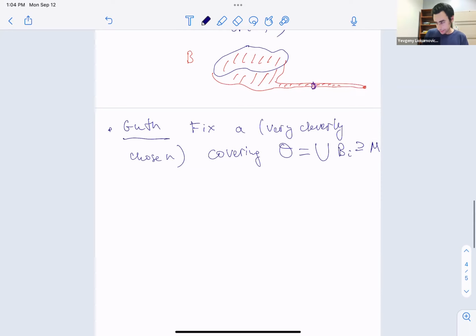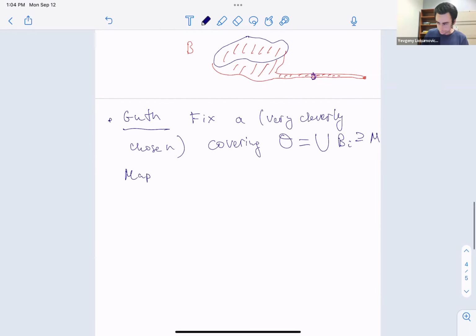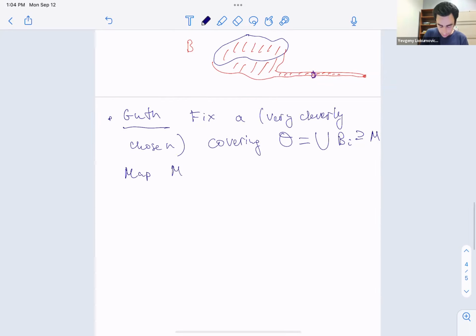So basically what's happening is that we map M into the rectangular nerve of the covering.